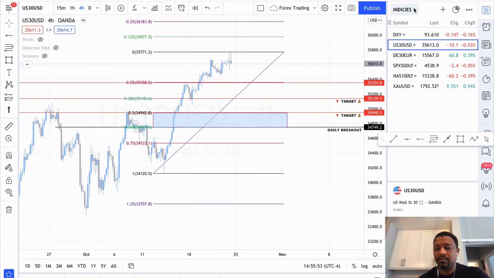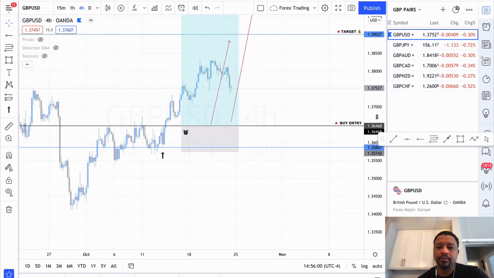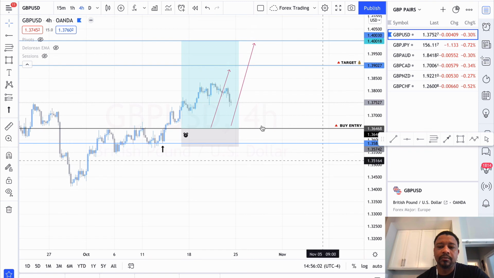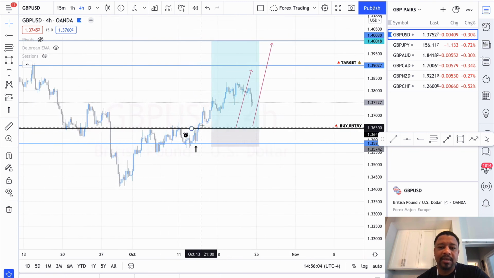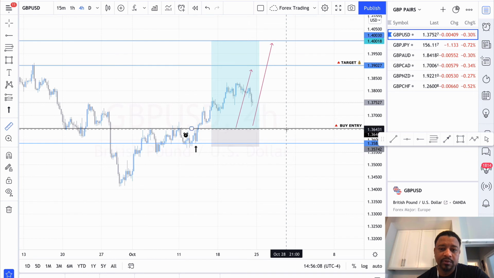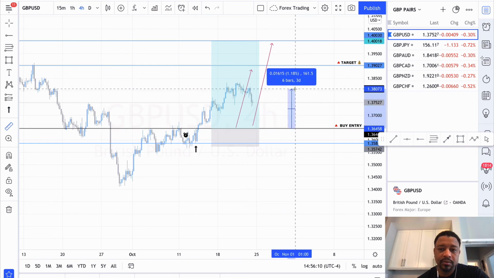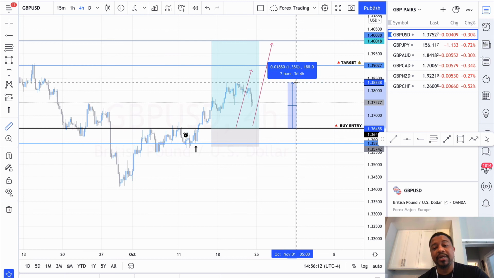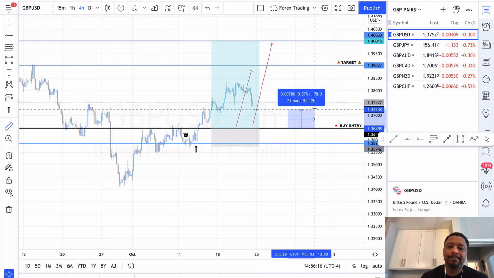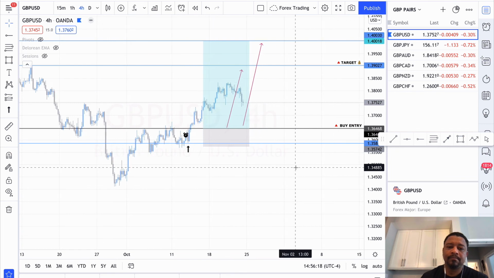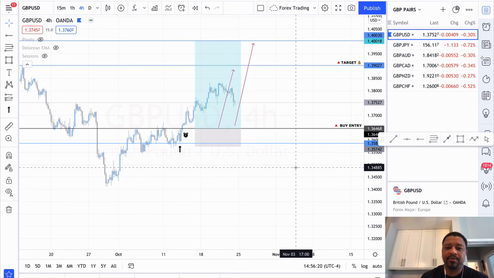Let's look at a few GBP pairs for my team. I called the buy last week, so we went 188 pips in profit.